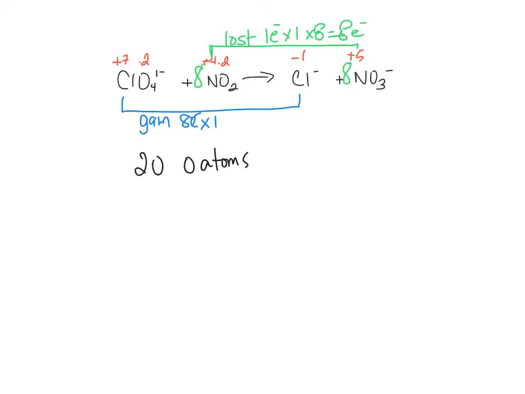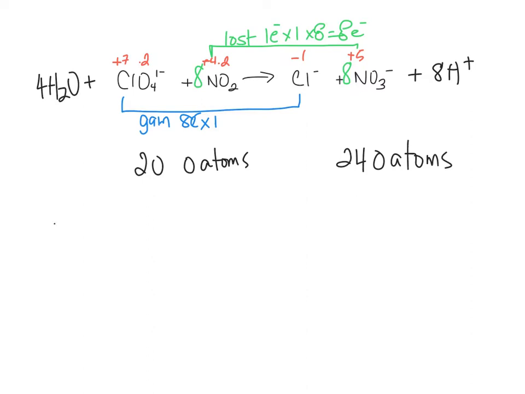On the right-hand side, we've got 3 times 8, 24 oxygen atoms. So we balance using water. So we're going to add 4 water molecules to the left-hand side. That will give us 4 extra oxygens. So now we've got 24 oxygen atoms. Now, there's 8 hydrogens now on the left, none on the right, so we have to balance by adding 8 hydrogen ions. So now we should be balanced.